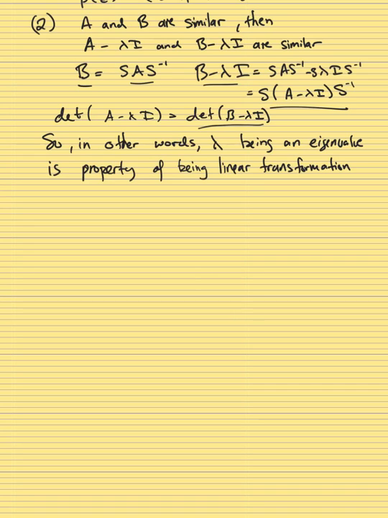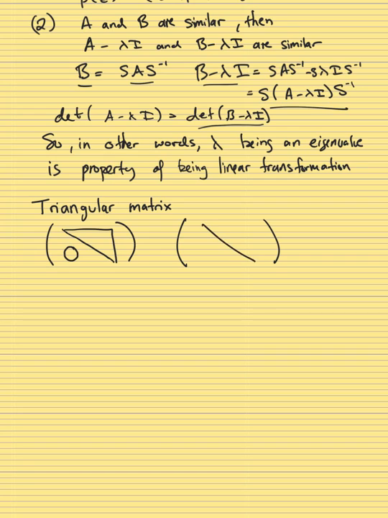So one example where this is true is if I take a triangular matrix. Remember, this was a matrix that could be upper triangular, so these entries could be anything and anything below the diagonal is 0, or lower triangular, where everything above the diagonal is 0.